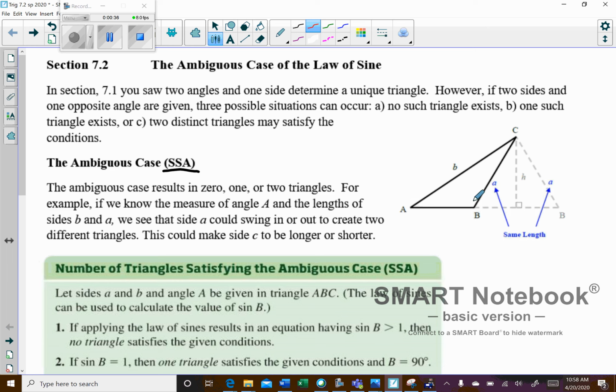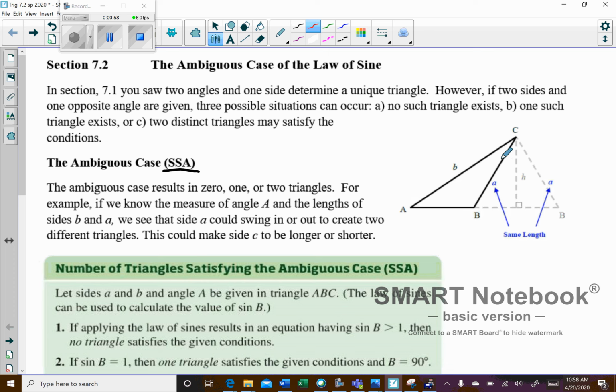happen. So in this example over here, if you're given two sides and an angle, there's three things that could happen here. You could have a triangle with an obtuse angle, okay?